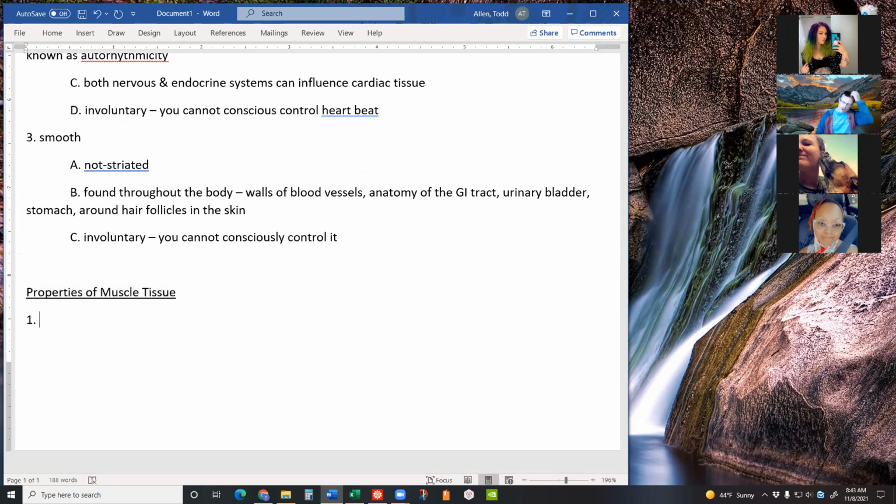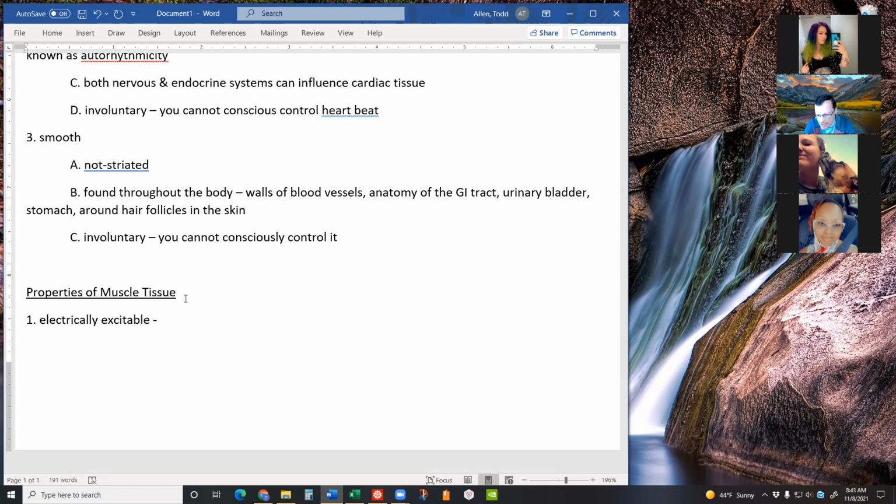Okay, the first property of muscle tissue is that muscle tissue is electrically excitable. There's a lot of nuance to this talking point, which we will get into in deeper conversations probably on Wednesday and for the remainder of the semester.